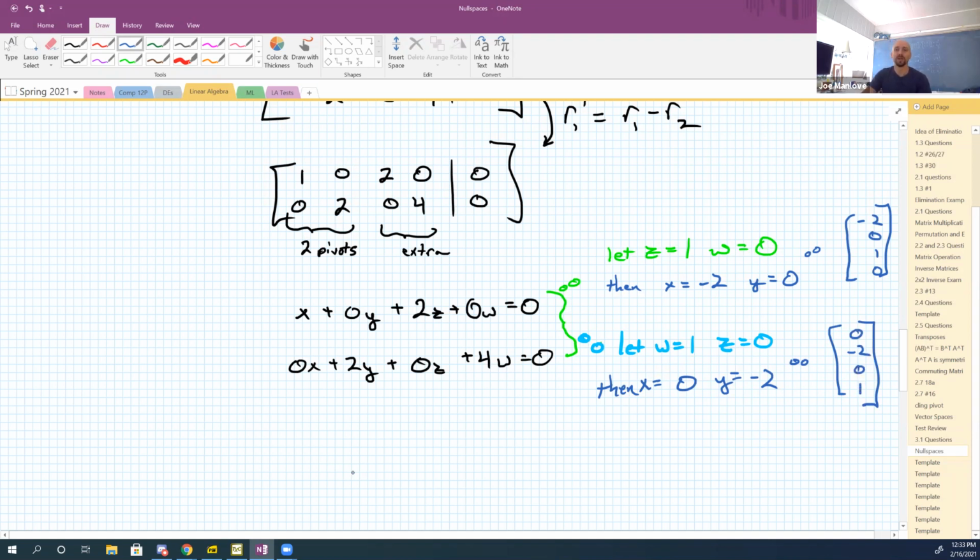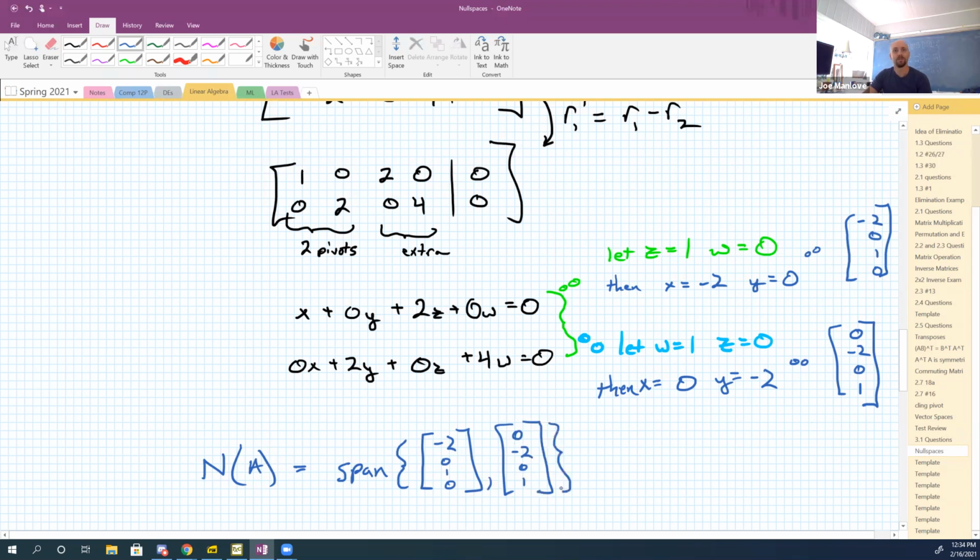So my null space is the span of the two vectors that I got here. So it's the span of -2, 0, 1, 0 and 0, -2, 0, 1. So it's the set of all linear combinations of these.